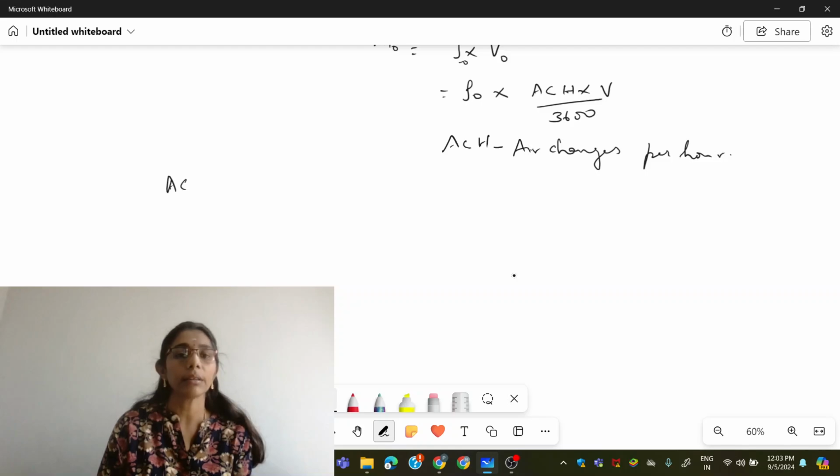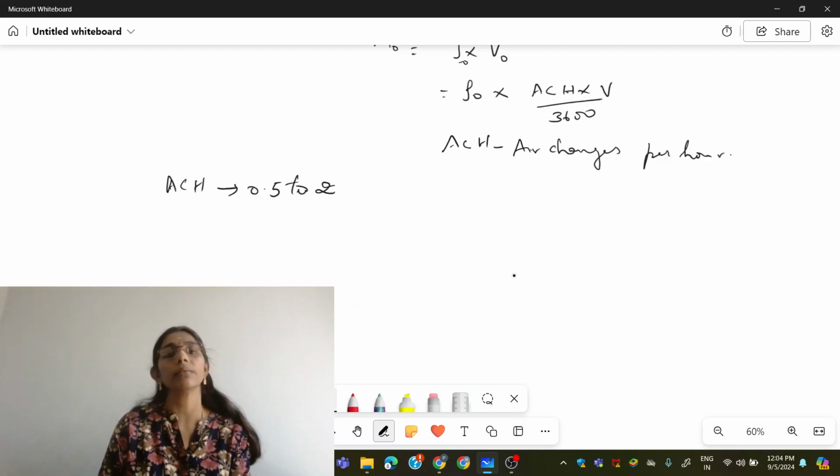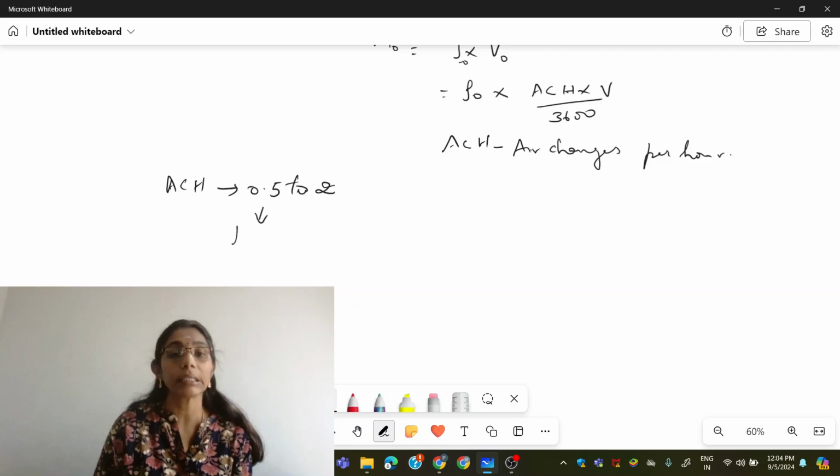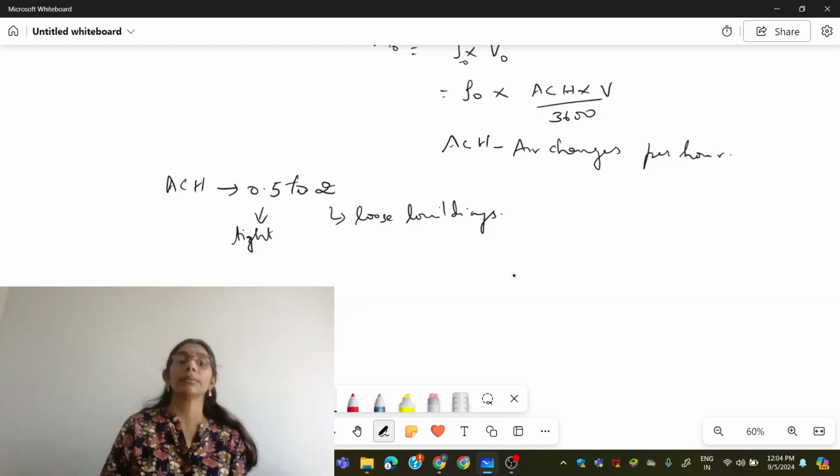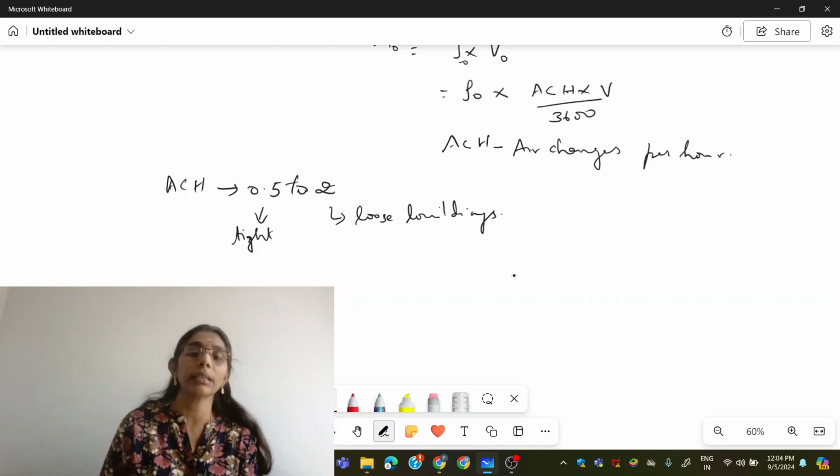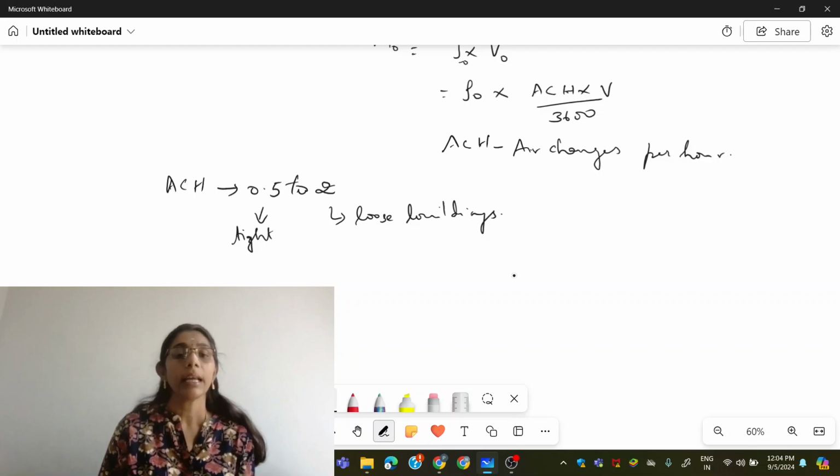ACH will normally carry a value in the range of 0.5 to 2. You may have a question in mind, what is this 0.5 and what is this 2? 0.5 stands for tight buildings and ACH will take a value of 2 for loose buildings. Okay. All these things you can get from the solar radiation heating load calculation data, right?